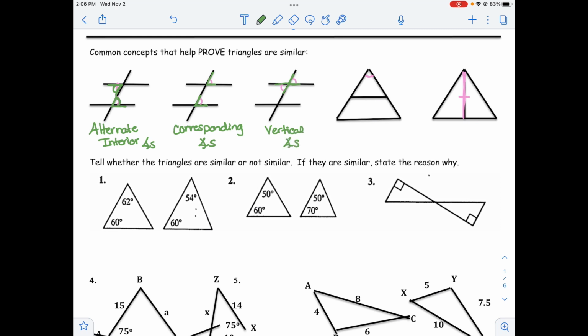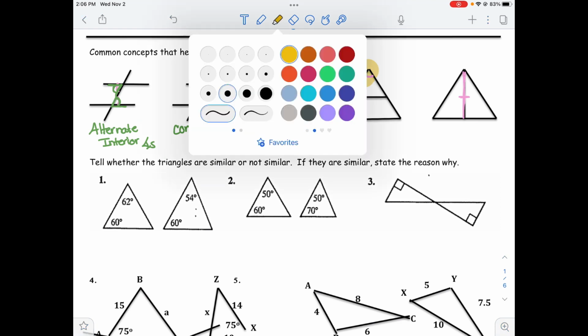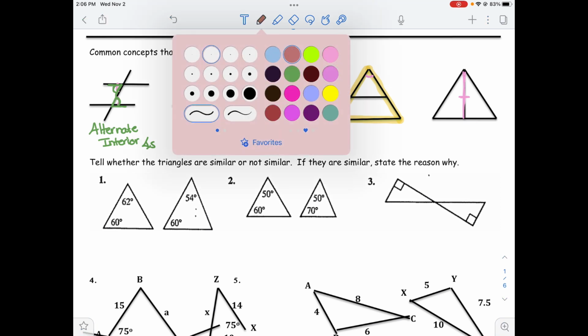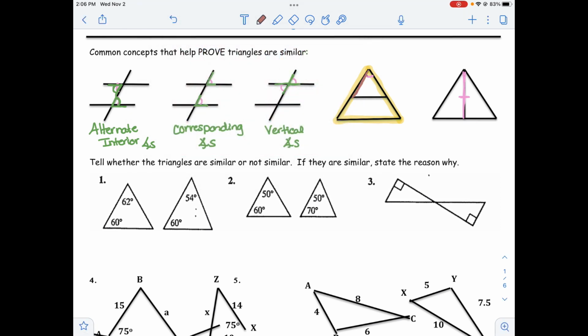And then here we have a triangle that has been overlapped with another. Let's think about this big triangle, and then we also have a smaller triangle on top.